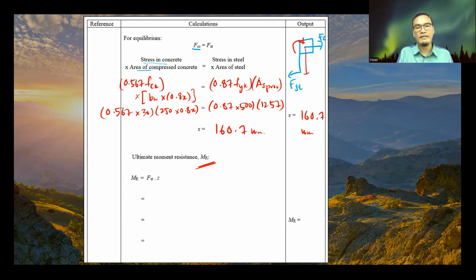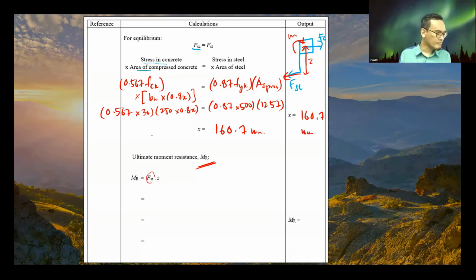So this is our Z. The force times the Z is equal to the moment. FST is equal to the area of this one.